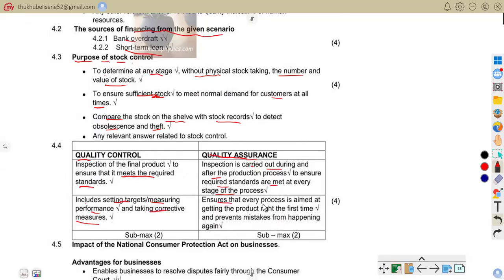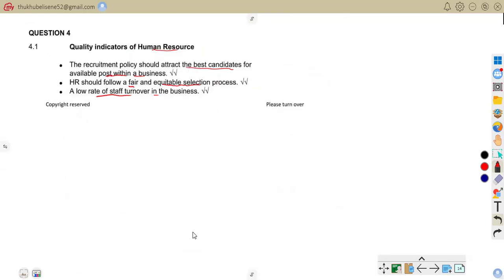Also, it ensures that every process is aimed at getting the product right the first time and prevents mistakes from happening again. So you are training workers to follow strict production procedures to avoid defects. So that is that. So now let us go to 4.5.